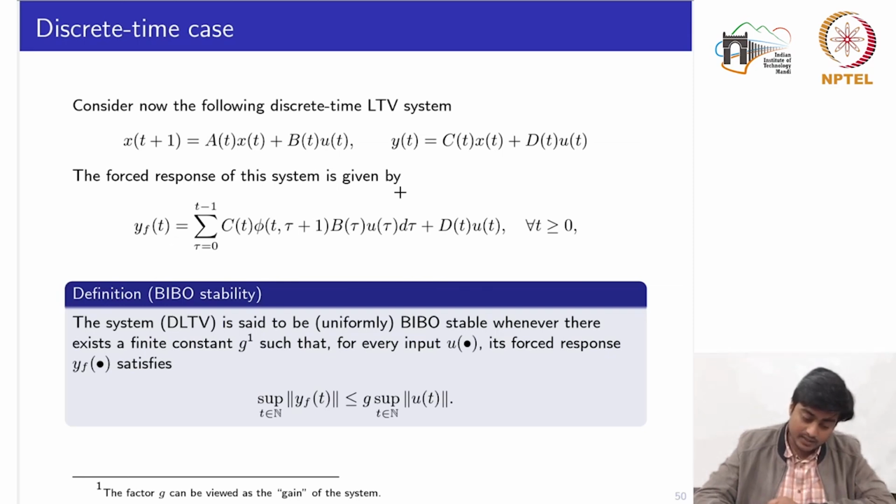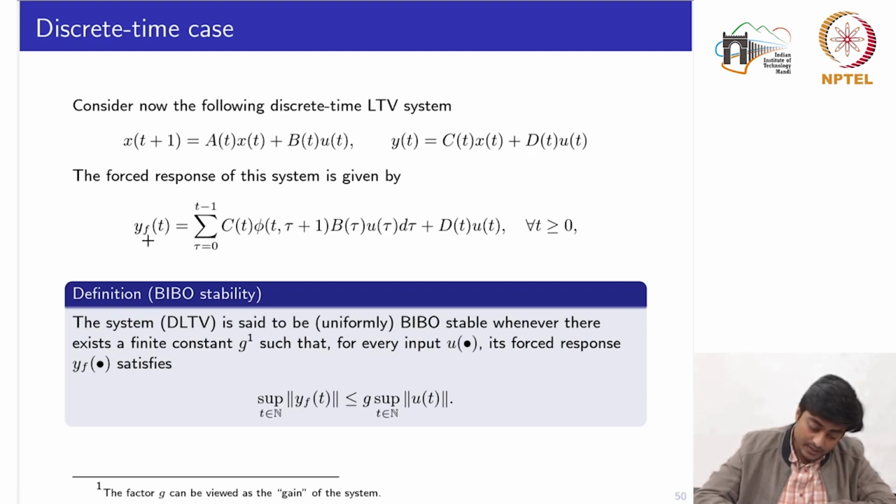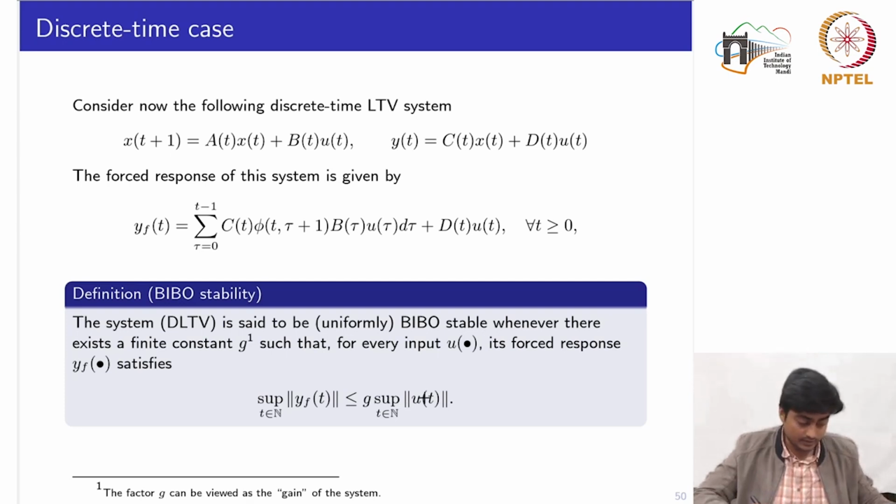For the discrete time case, given A, B, C, D as time varying matrices where t belongs to the set of integers, we have seen earlier that the forced response of the system is given by this equation. The definition of BIBO stability for the discrete time system also remains the same: we say that the system is BIBO stable whenever there exists some finite constant g which satisfies this inequality.